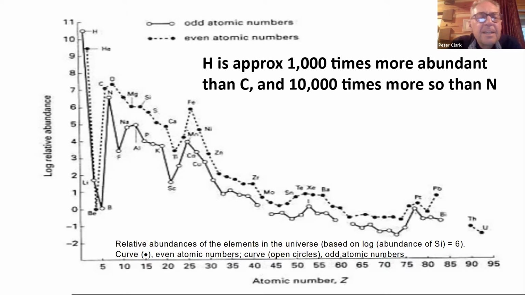Okay, the other element I want to point out is phosphorus. And phosphorus, as you can see, is around element number 15. It is of considerably lower abundance than carbon, oxygen, magnesium, iron, all elements very important to life. So phosphorus is actually a limiting element in the development of living species.